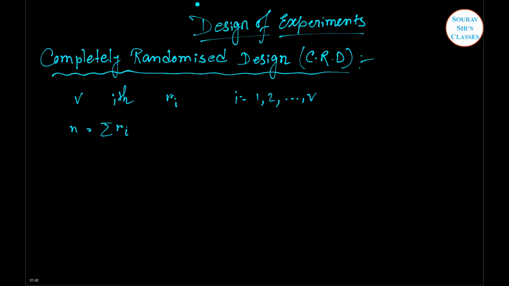In the particular case, if Ri equals r for i equal to 1 to v, that is, if each treatment is repeated an equal number of times r, then n equals rv, and randomization gives every group of r units an equal chance of receiving the treatments.